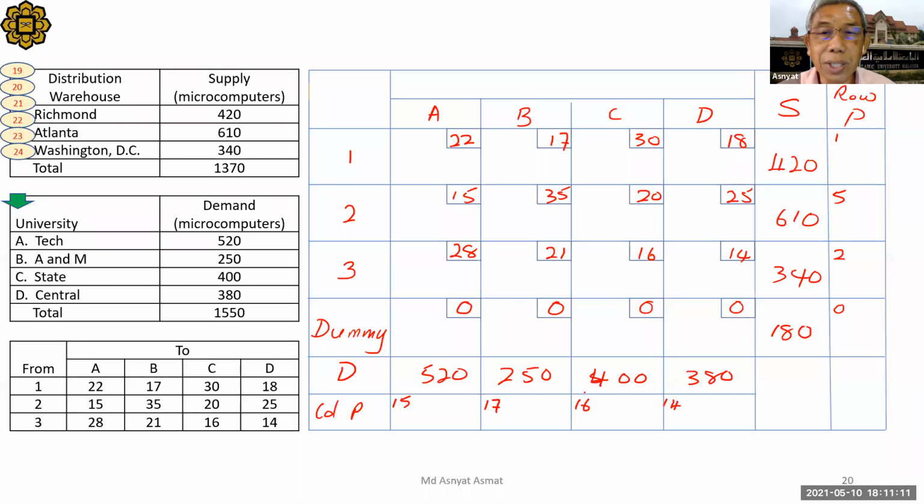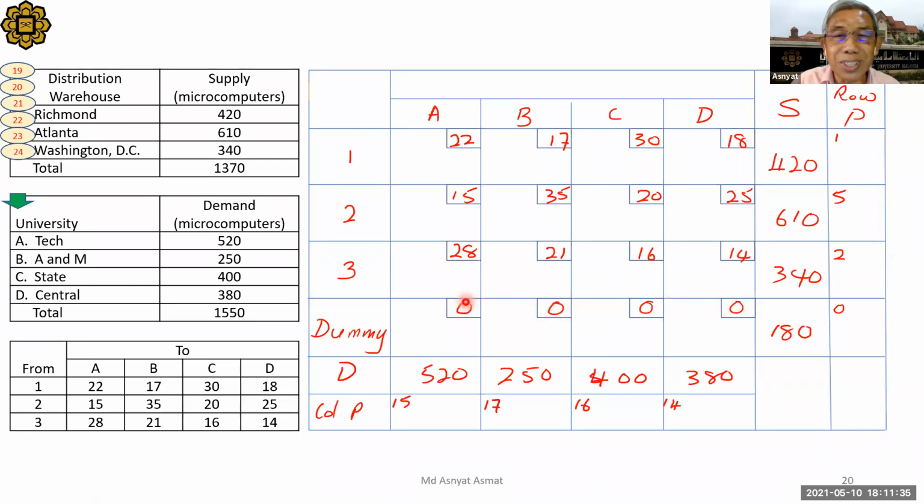Okay, which one to take? Highest penalty or lowest penalty? Highest penalty, 17. Look at the lowest cost. Which, 17 or 0? 0 is the lowest cost. So this 0 must be accounted for.